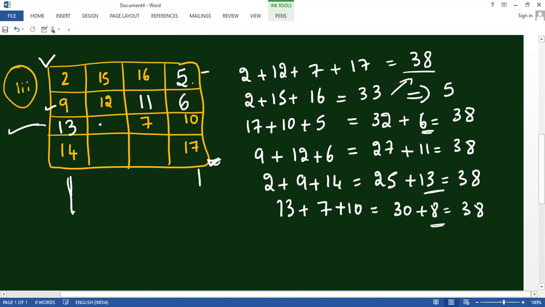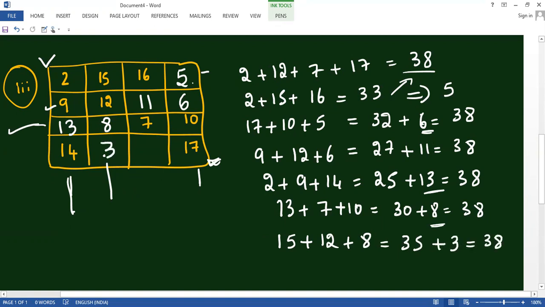So the answer could be 8. And finally, we are adding 15 plus 12 plus 8, that is equal to 35. 35 plus 3, that is equal to 38. So this could be 3.